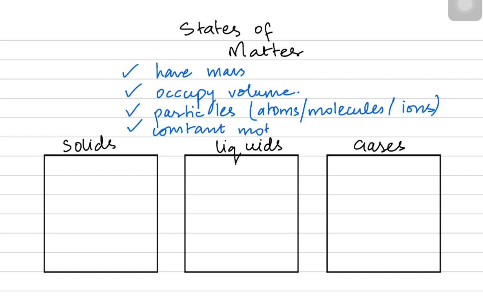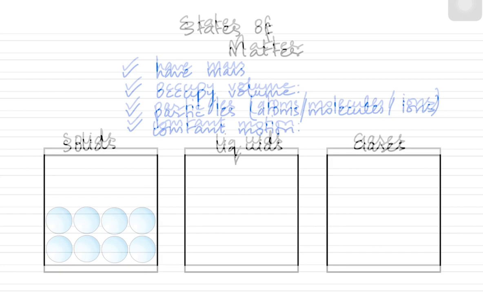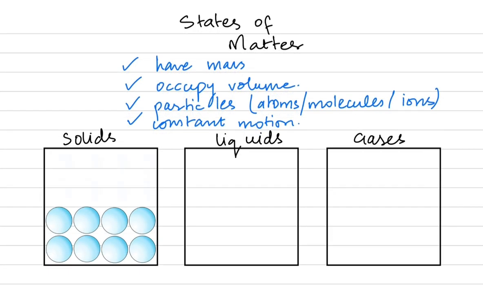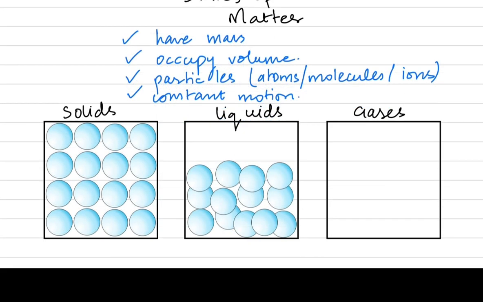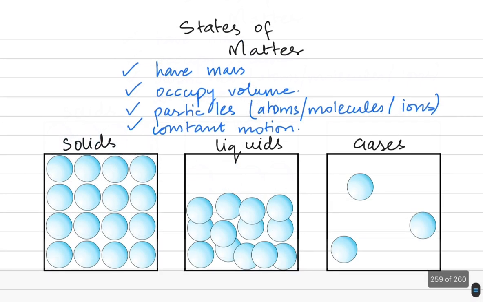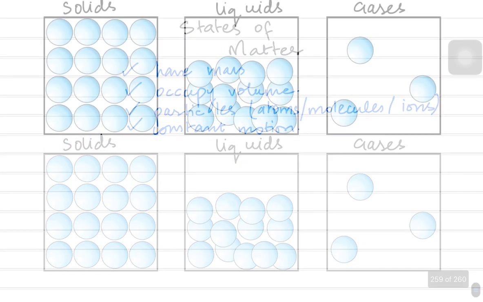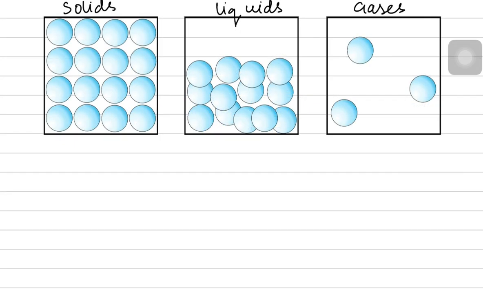Then the idea is that they are constantly in a state of motion, which means based on their temperature, they show motion. You can see the picture of the particle arrangement of solids, liquids, and gases.